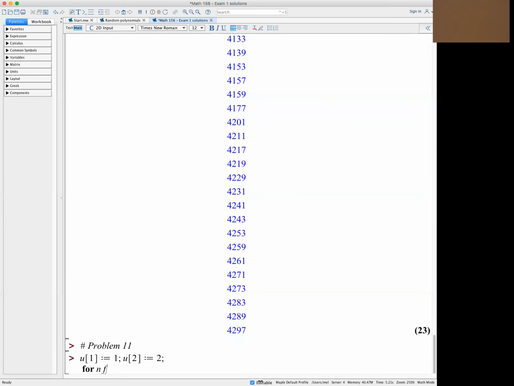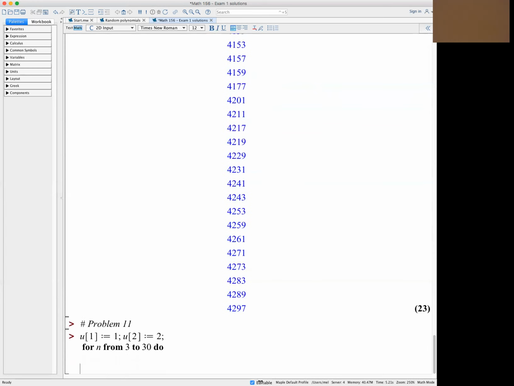For n from, now I have U1 and U2, so I'm going to start with U3. From 3 to 30, do. And I put in my end do always so I don't forget it.